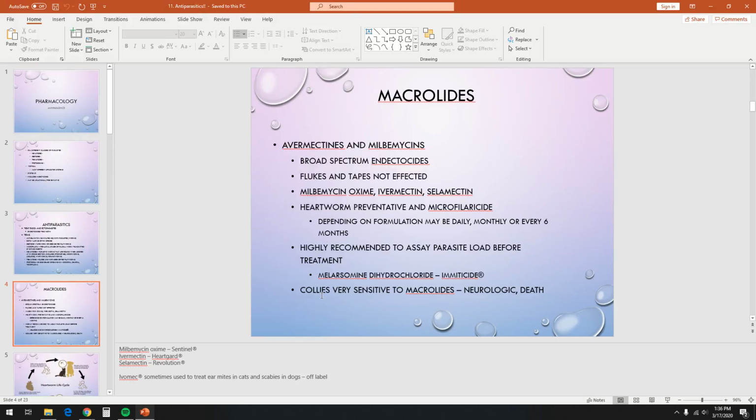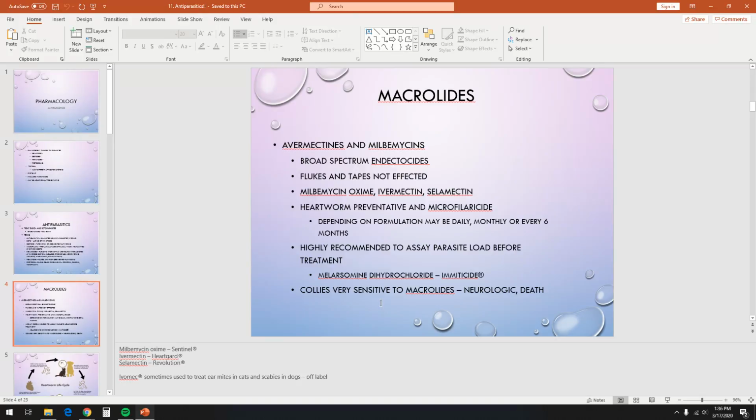Collies, no matter what kind of collie it is, border collie, bearded collie, smooth coat collie, rough coat collies, or collie mixes, can be very sensitive. They have what's called the MDR1 gene.